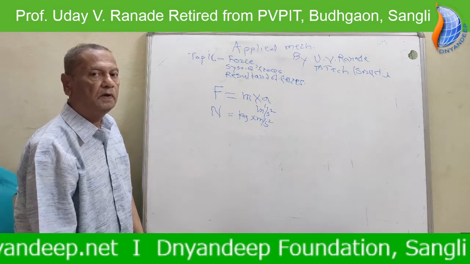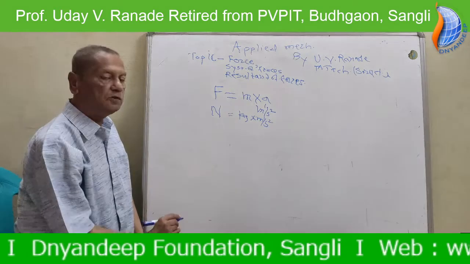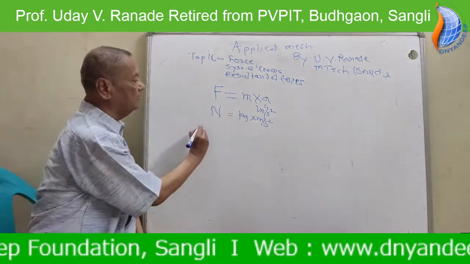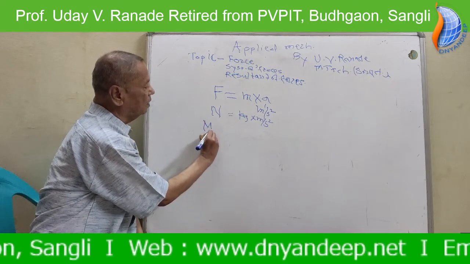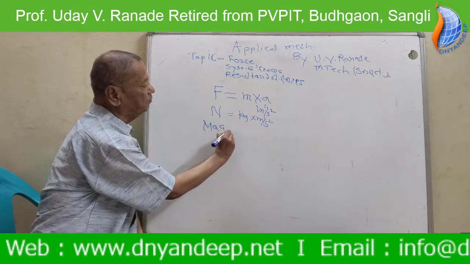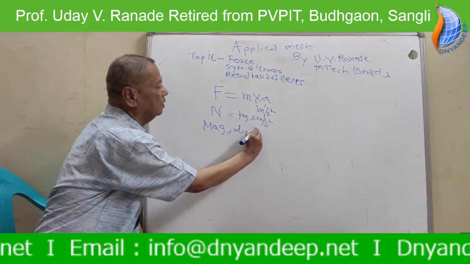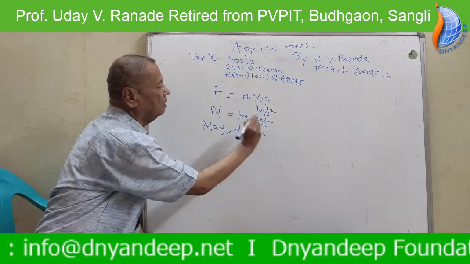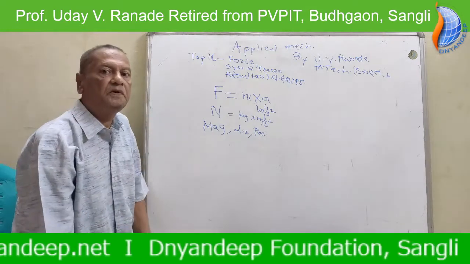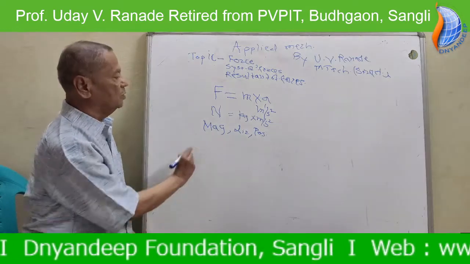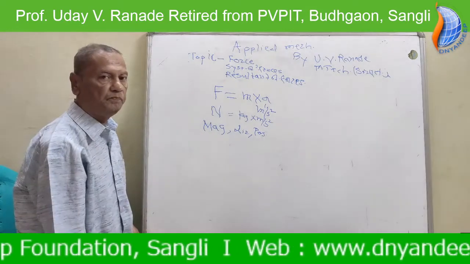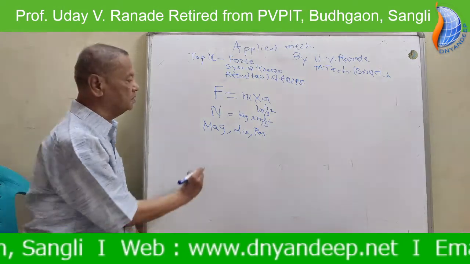Any force acting is to be represented in magnitude, direction, and position or point of application. So its magnitude is to be given. Generally, magnitude of force is in Newton.